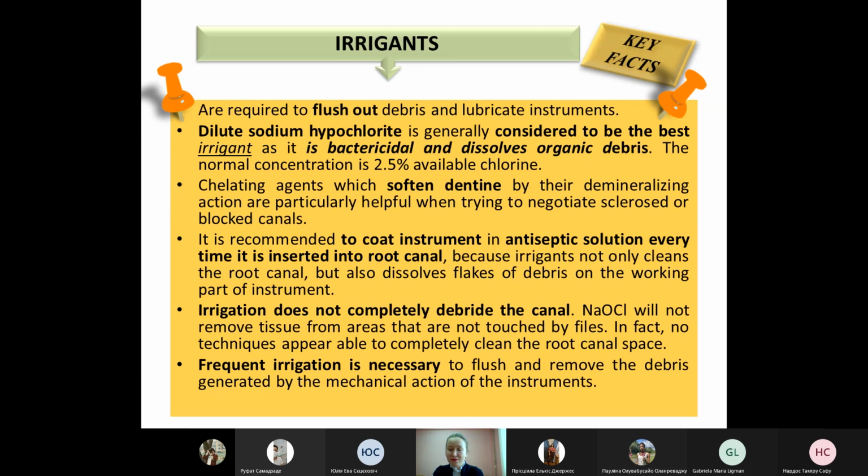The root canal is never sterile to the end. Frequent irrigation is necessary to flush and remove the debris generated by mechanical action of the instruments. So these are key facts that I propose to keep in mind, try to analyze and remember.